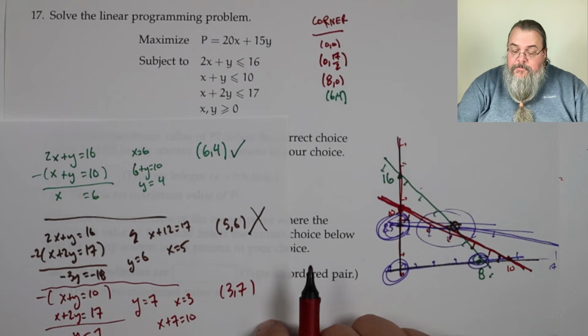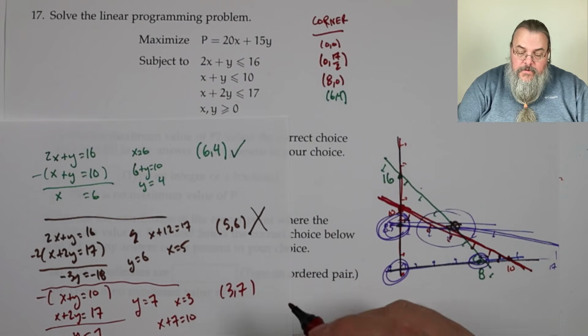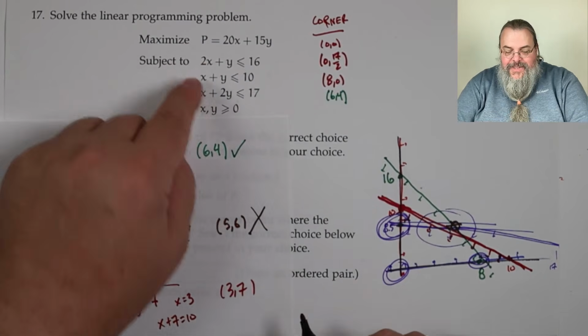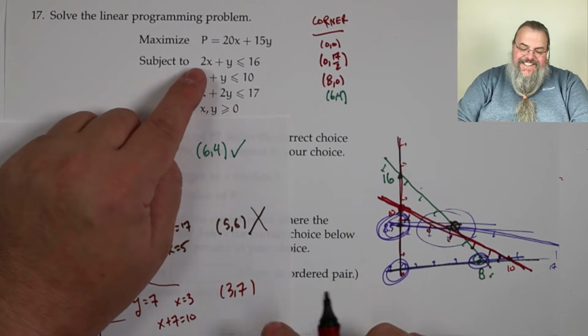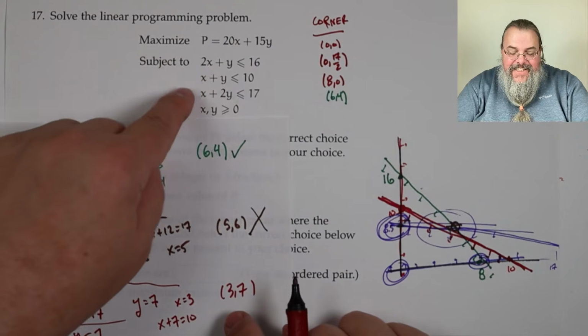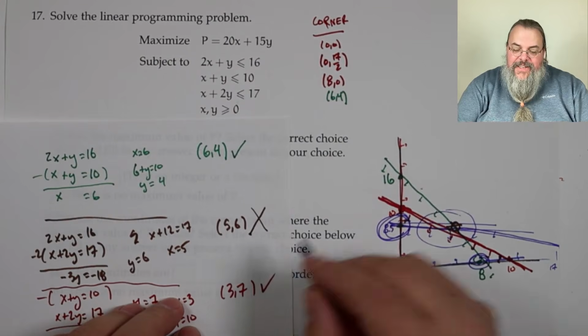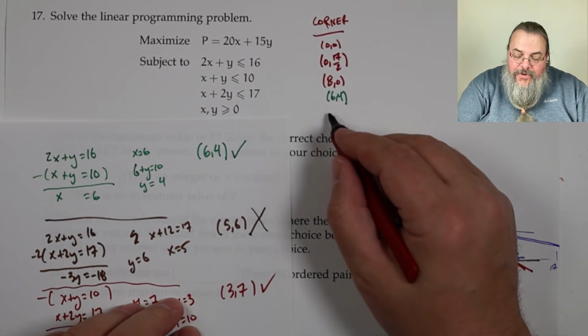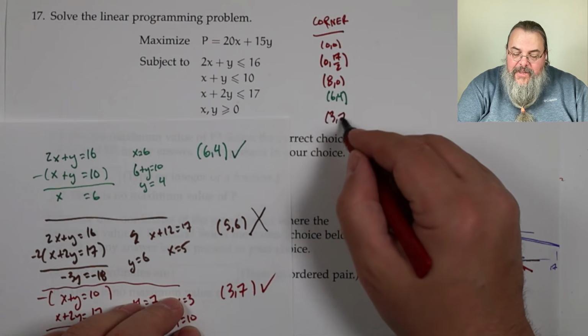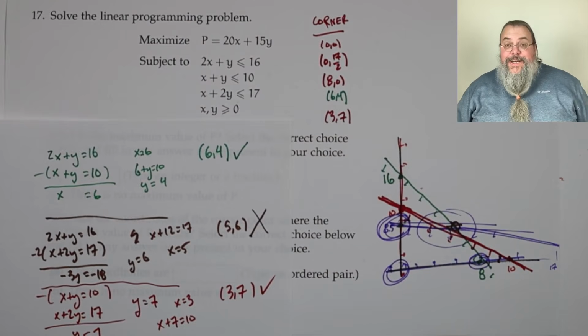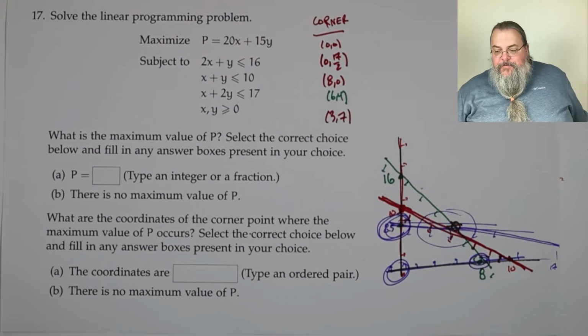No, I don't think so. Oh, wait. Yes, I can do math. Sorry, that's 6 plus 7, which is 13. 13 is less than or equal to 16, so that is a corner. Okay, good. Sometimes it takes a bit of work.